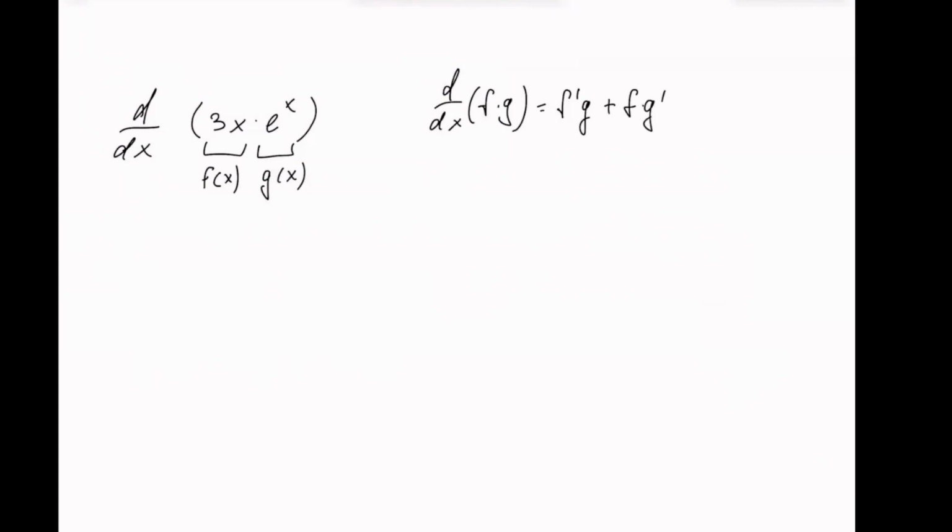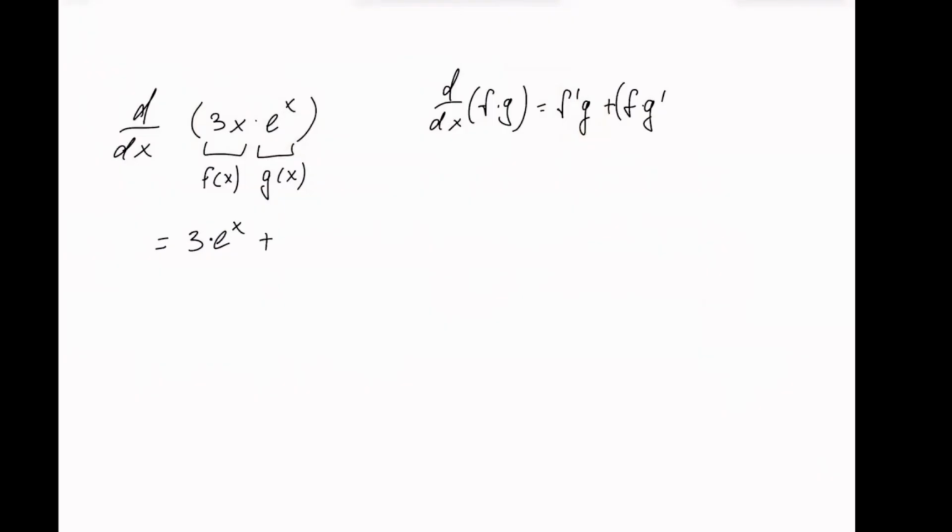So the derivative of this function will be, now first we need to take the derivative of f. So the derivative of 3x is going to be just 3 times x to the 0th power. So we just write as 3 times g. So we'll just need to rewrite g without changing anything.